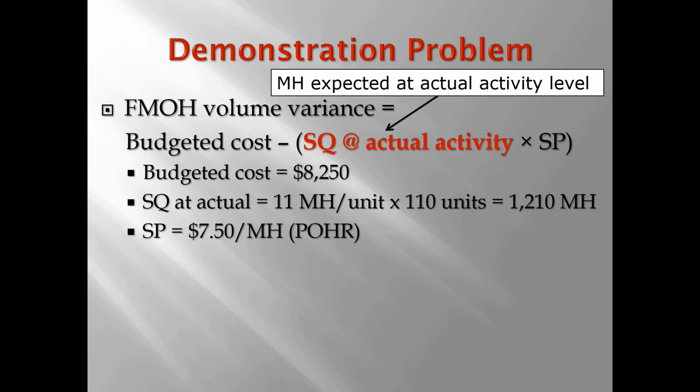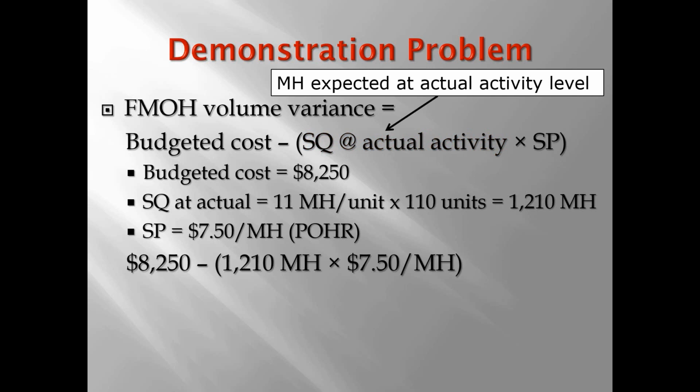So that means that the firm would expect to use 1,210 machine hours. Now we can put this information into our formula. And we find that the amount that was allocated out is greater than the budgeted cost for fixed overhead by $825. And we mark that favorable.